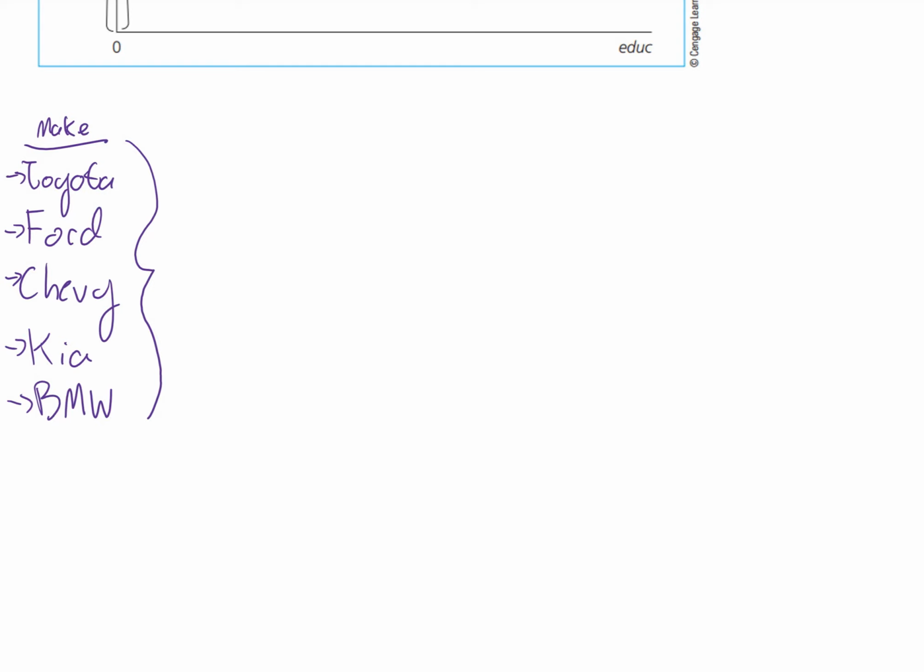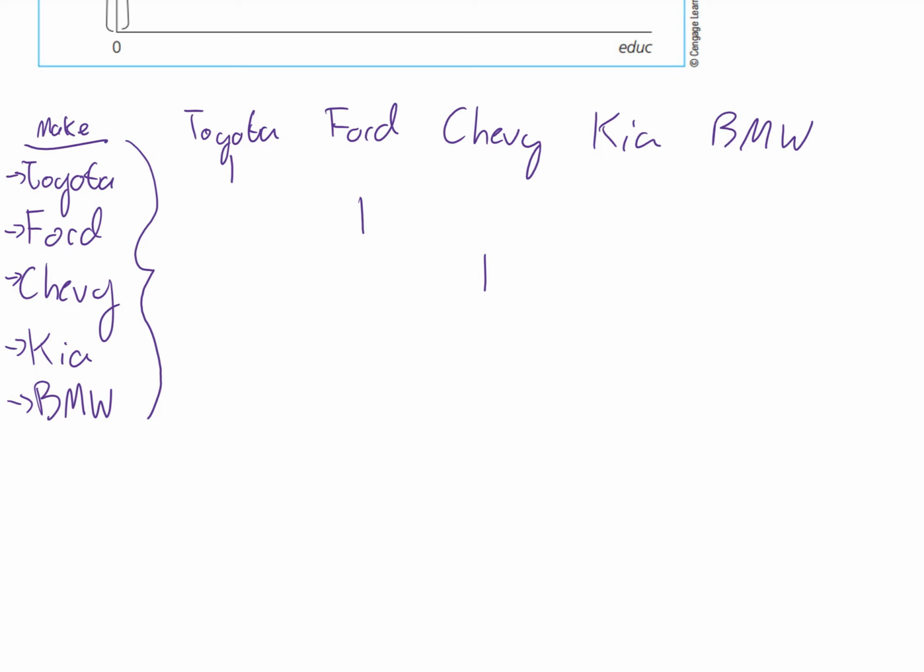I could have a variable called Toyota, one called Ford, one called Chevy, one called Kia, and one called BMW. They equal one if and only if their title is the type of car, so we would have 1, 1, 1, 1, 1, and then zeros the rest of the way.